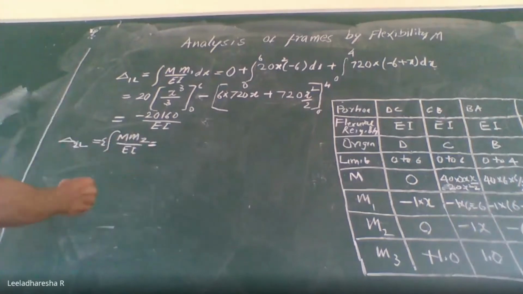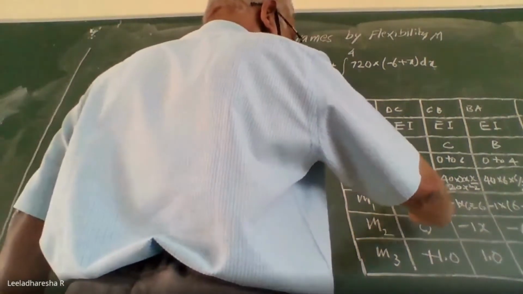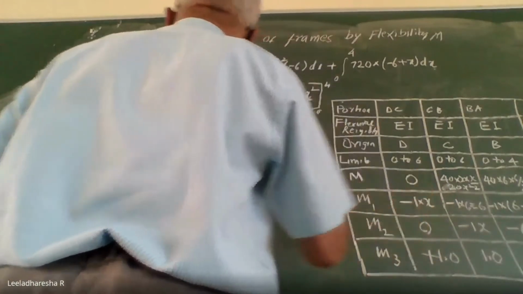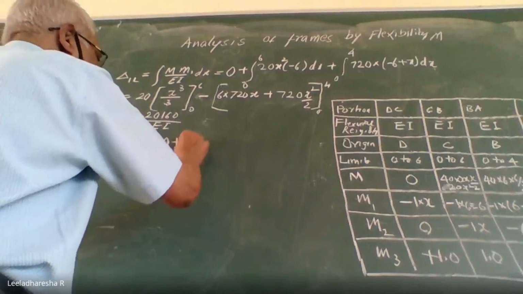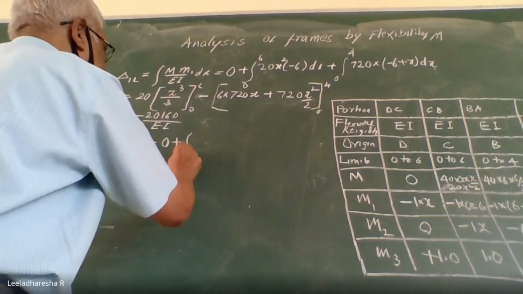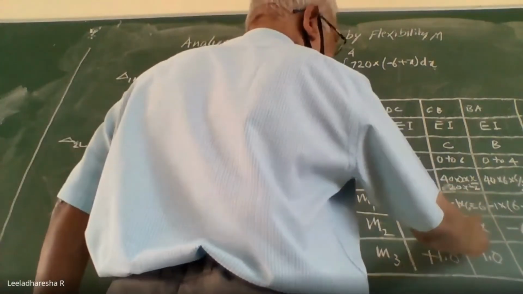So now substitute the things for all the limits. M2 is 0, so I get the first term 0, plus integration between the limits 0 to 6 of m into m2.